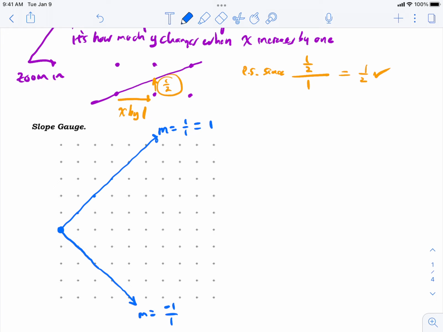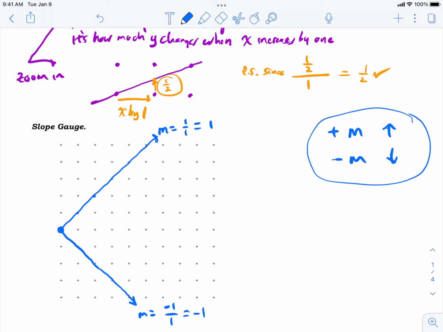Down 1 over 1. Always left to right when you're doing the run. Always left to right. But the rise, sometimes it goes up, sometimes it goes down. What are you going to do? But you could call this -1. But that's a slope of -1. So positive slopes, positive m goes up, negative slopes go down. Okay, just something to keep in mind. Positive slopes go up, negative slopes go down.